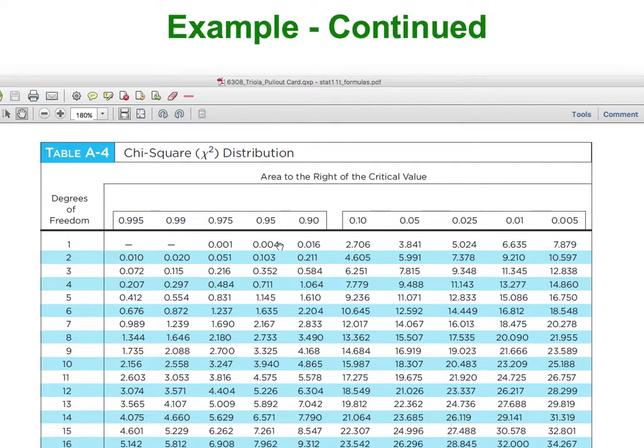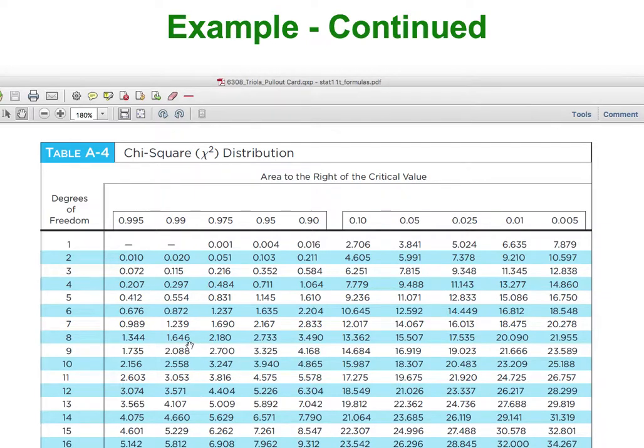Now we have a sample size of 10, and our degrees of freedom are then 9, and I'm sorry, I'm just recalling that we were supposed to test this at a significance level of 0.01. That means that's the area in the left tail, and the area in the right tail is 0.99.